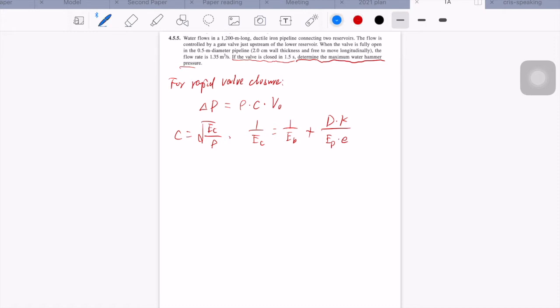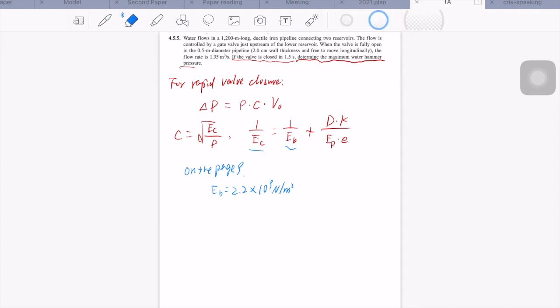Similar to the previous problem, we also need to determine the EC first. And on page 9 in the textbook, we know the bulk modulus of elasticity of water, EB, varies with both temperature and pressure, and in the range of practical applications in typical hydraulic systems, EB equals 2.2 times 10 to the power of 9 Newton per square meter can be used.